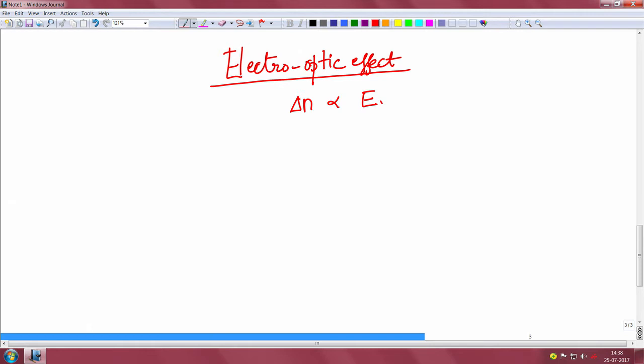So, there are several materials which have got electro-optic effect, that is changing the optical properties of the medium with applied electric field. Typical one, the most popular one is the lithium niobate.